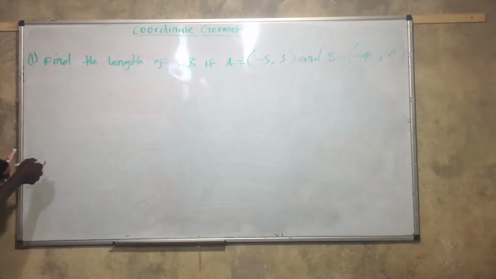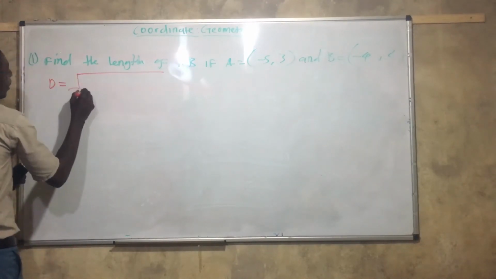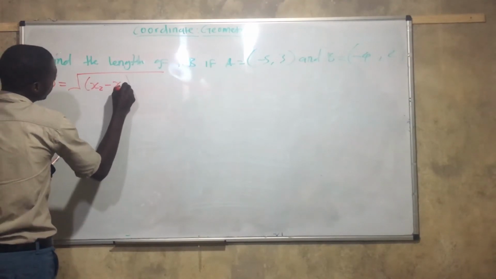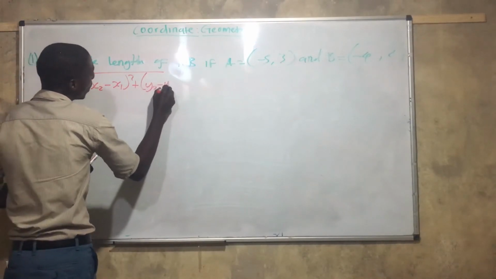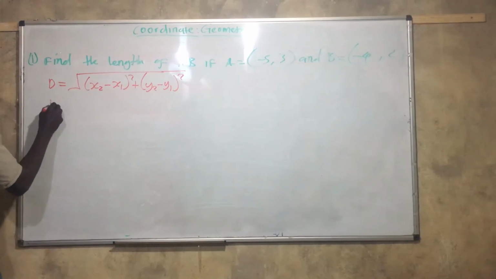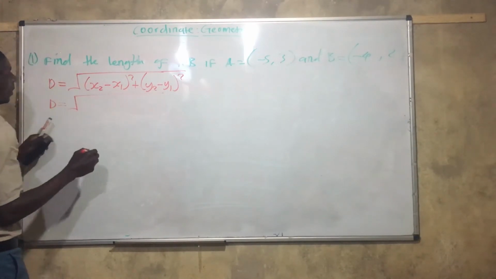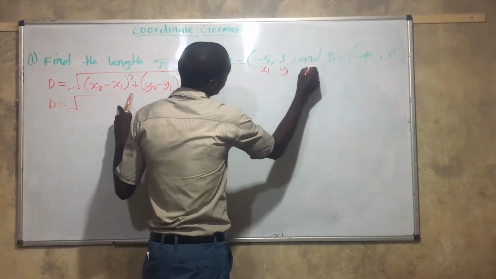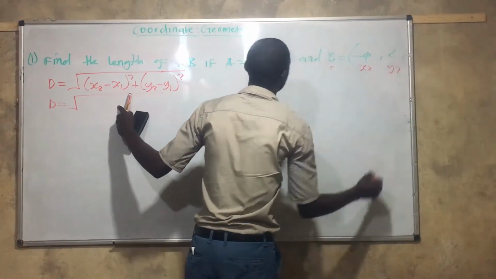We are going to use the same distance formula, which is d is equal to the square root of (x2 minus x1) squared plus (y2 minus y1) squared. We go to the coordinates: this will be x1, y1, x2, y2.